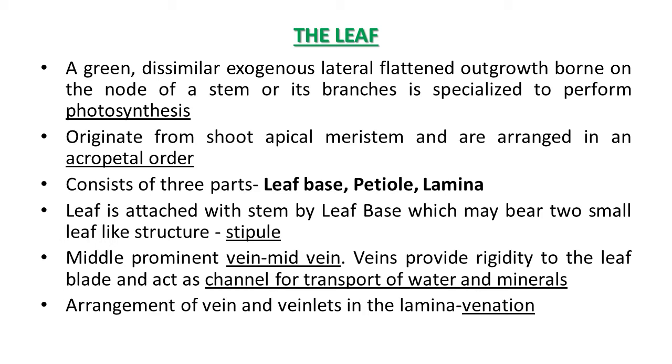This midvein is located in the central region, and from it lateral veins arise, and that's why it forms a channel of transportation of water and minerals. Then from the leaf, this is throughout the part of the plant. The arrangement of these veins and veinlets, which arise from veins in the lamina, is known as venation.